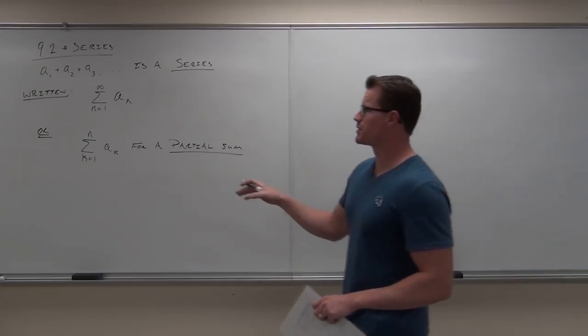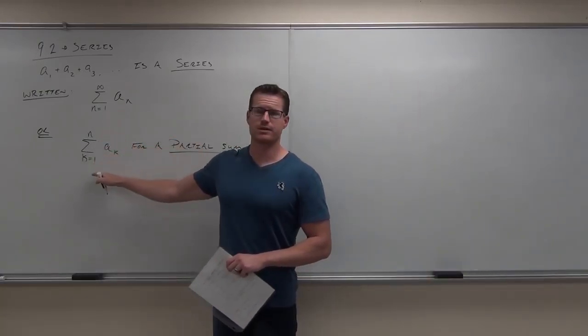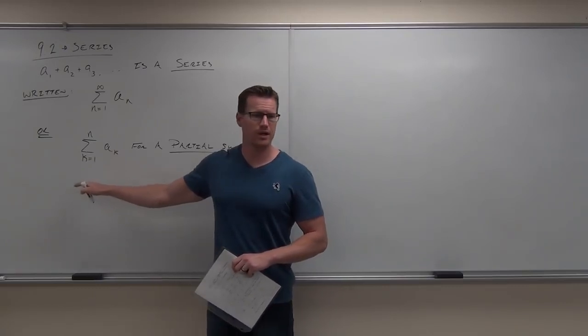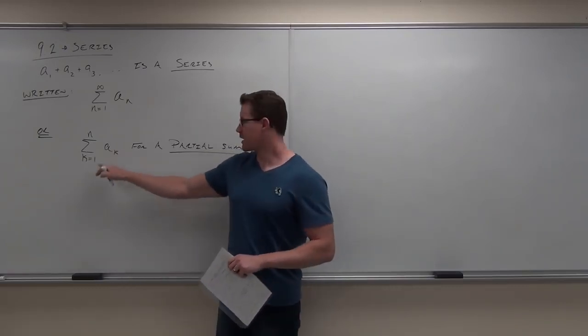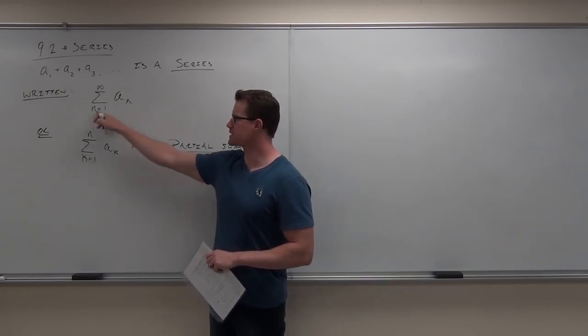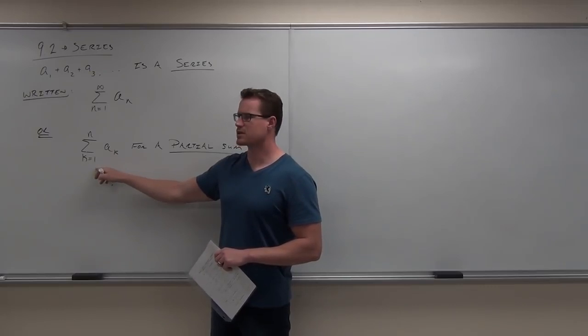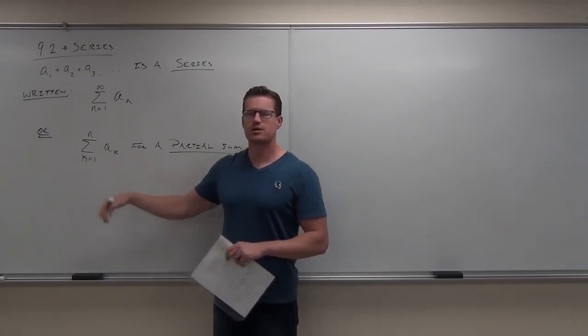I want you to consider the comparison of these two things. Firstly, would this still be a series? Yes. Where would it start? 1. It would start at the first term when I plug in 1 for k. Notice how I'm using a different index here. I'm not using n, I'm using k. Because where does this series stop? n. That's right.